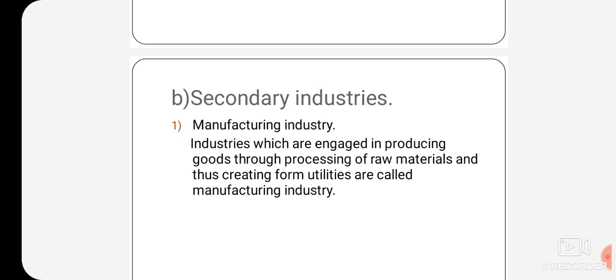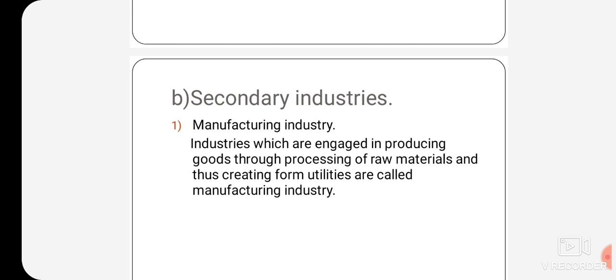In this secondary industry, the first one we have come to know is manufacturing industry. Industries which are engaged in producing goods through processing of raw materials and thus creating form utilities are called manufacturing industry. For example, take the sugar industry. The sugar industry is a secondary industry and also a manufacturing industry.